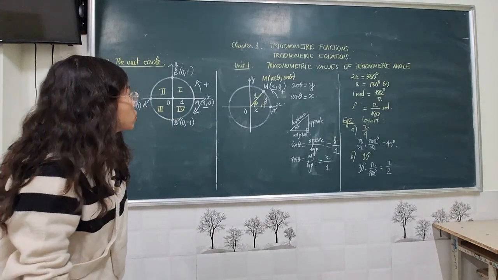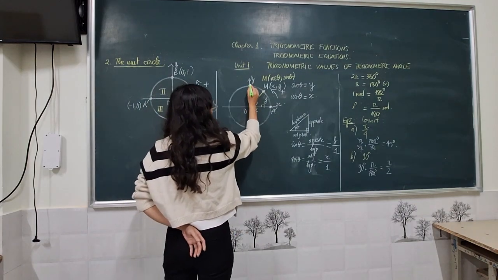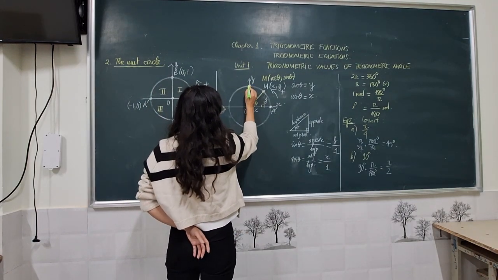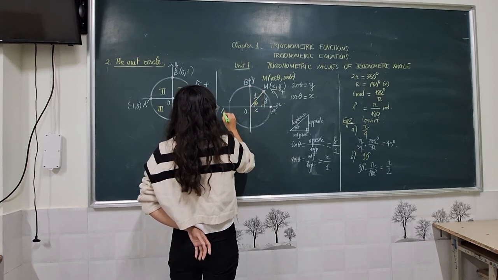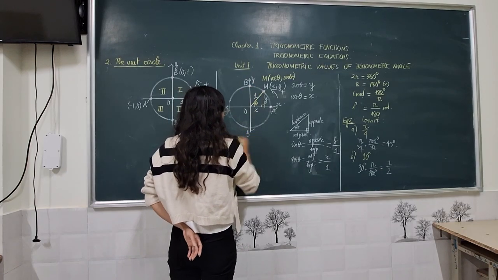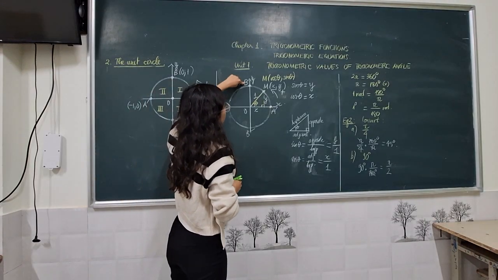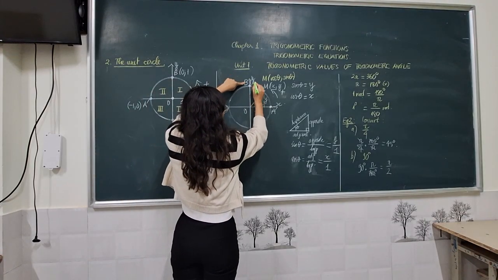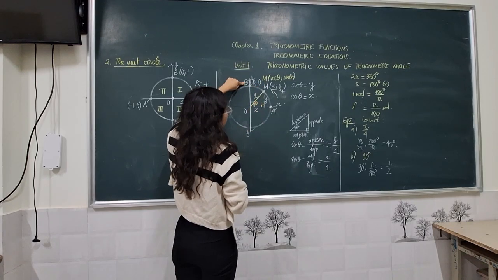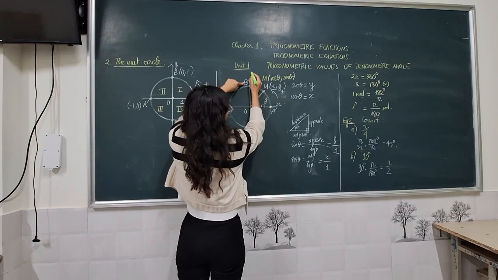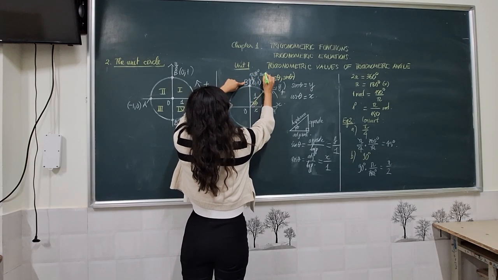And we can use the coordinates of the point M to find the coordinates of all the points on the unit circle, like B, A prime, and B prime. Because B is 0, 1, and the angle is 90 degrees, you find cosine 90 degrees and sine 90 degrees.